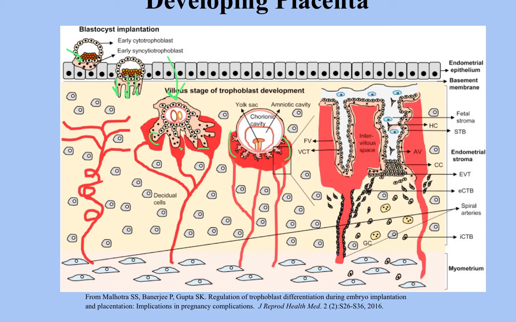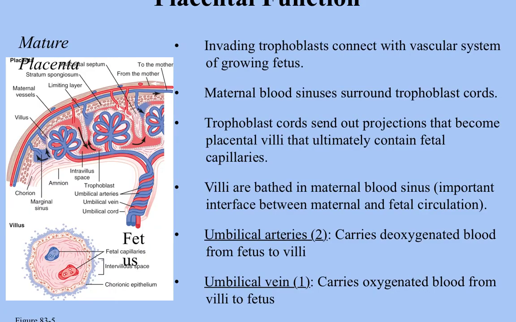And over time, those trophoblasts will develop into these chorionic villi, which contain capillary blood vessels in them, that will eventually all coalesce into three structures: two umbilical arteries and one umbilical vein. And this is what each one of those chorionic villi would look like.